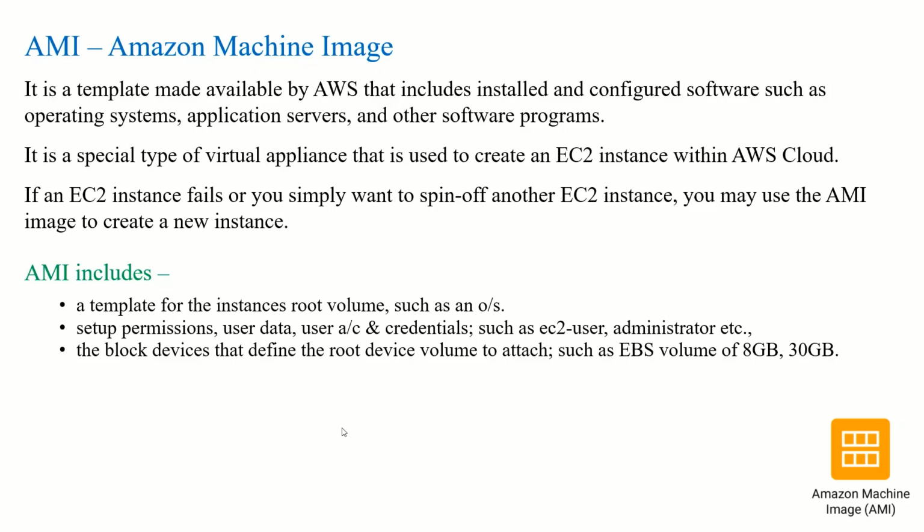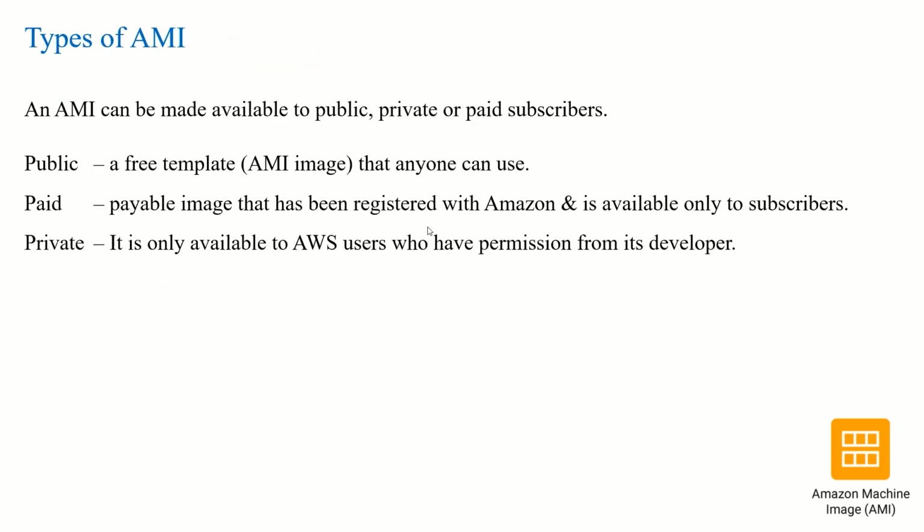And last but not least, it has got the block devices that define the root device volume to attach, such as the EBS volume of 8 GB or 30 GB of storage. It is these three pieces of information that are embedded into our Amazon Machine Image.